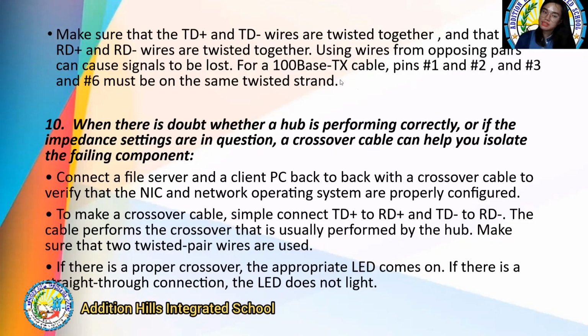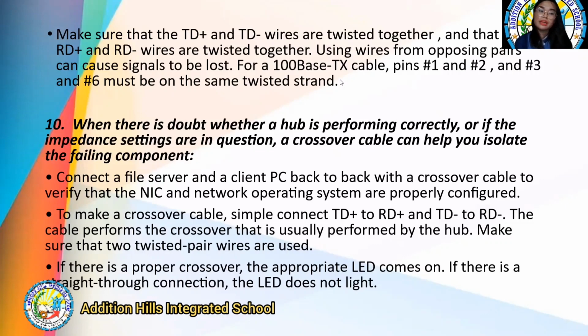Number ten: when there is doubt whether a hub is performing correctly, or if the impedance settings are in question, a crossover cable can help you isolate the components. Connect a file server and a client PC back to back with a crossover cable to verify that the NIC and network operating system are properly configured.